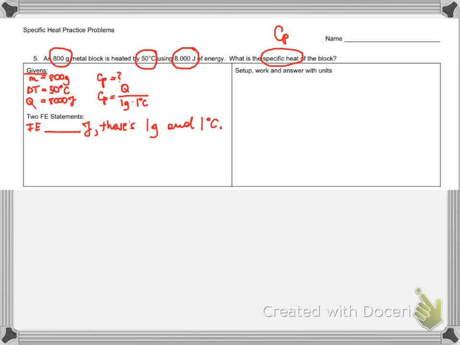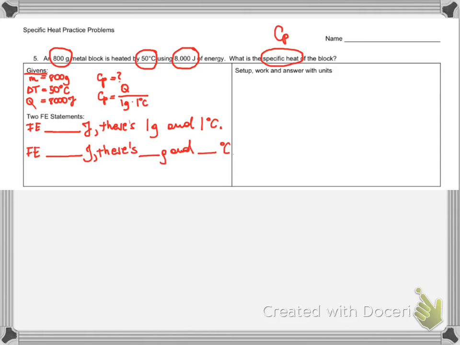Our second for every statement is the one that uses all the other numbers given to us in a problem that have nothing to do with specific heat. So that's going to be for every some kind of number with joules, there's some number with grams and some number with Celsius unit.